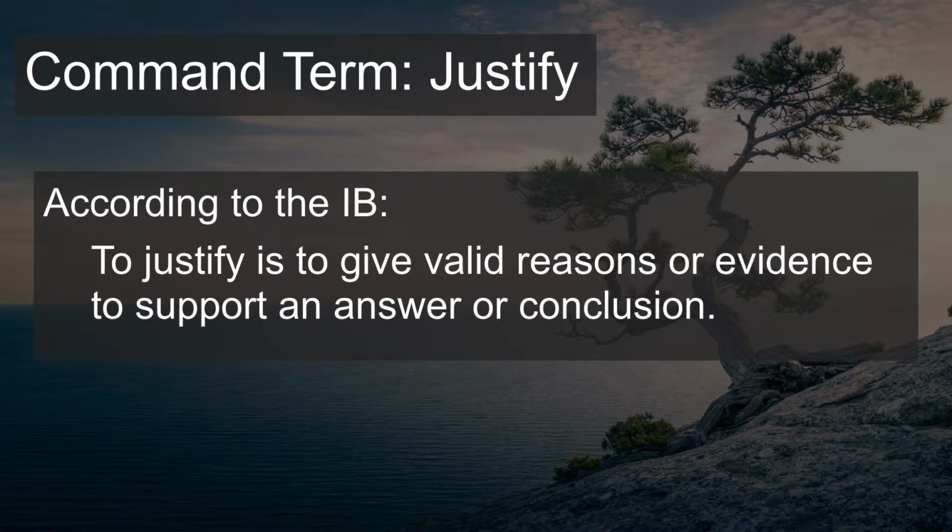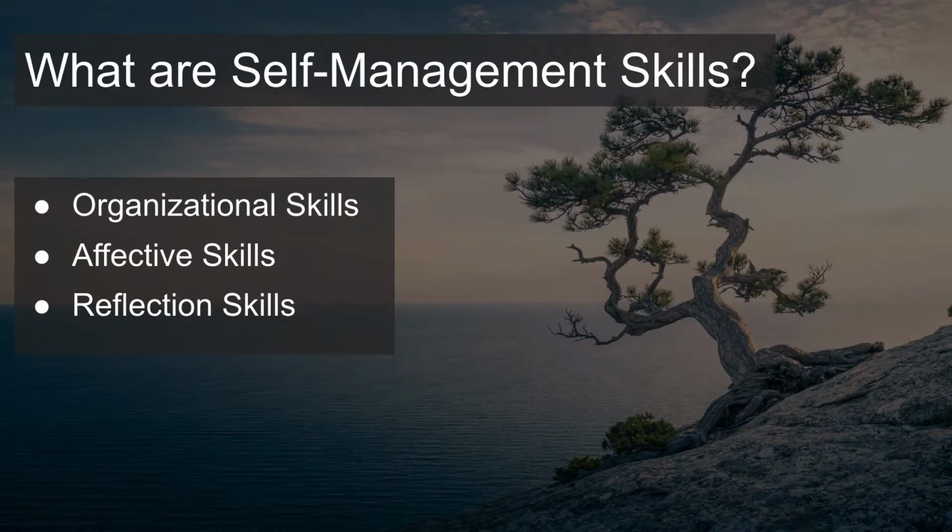So let's look at what the IB is talking about when they talk about self-management skills. Self-management skills for the IB break down into 3 different categories: organizational skills, affective skills, and reflection skills. Now for this assessment, the reflection skills are marked a little bit later on. So right now we're really focusing on organizational skills and affective skills.